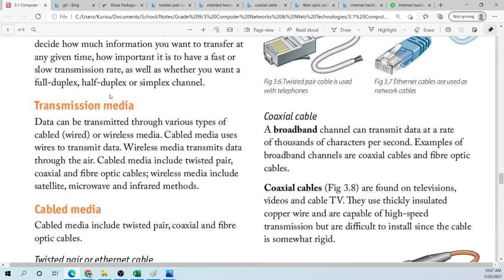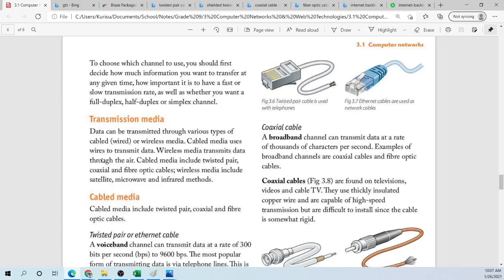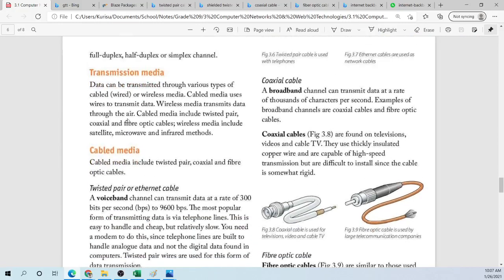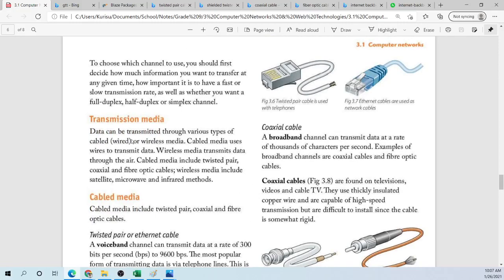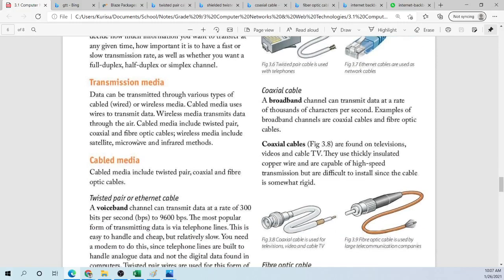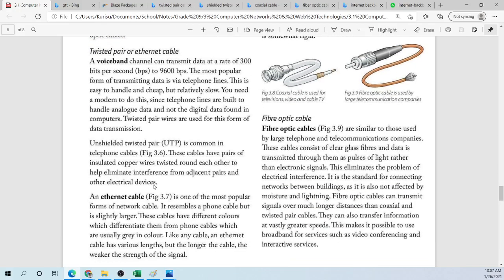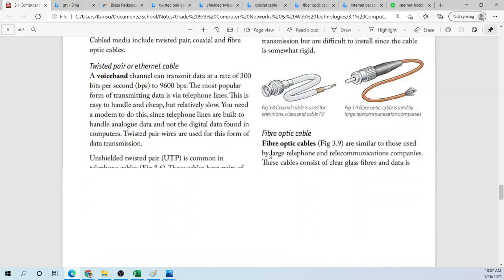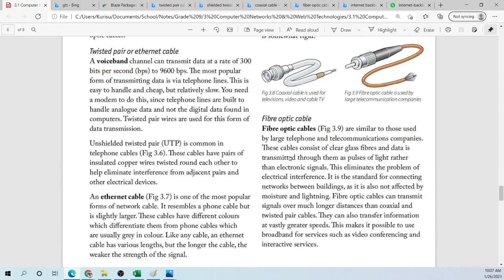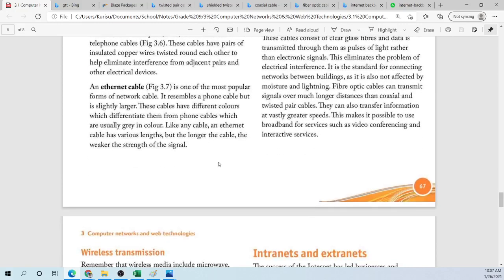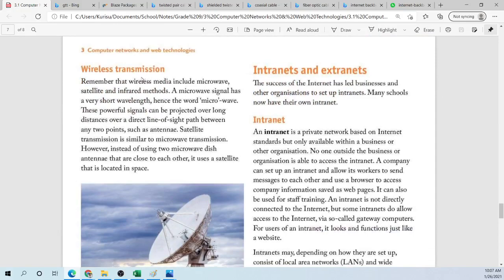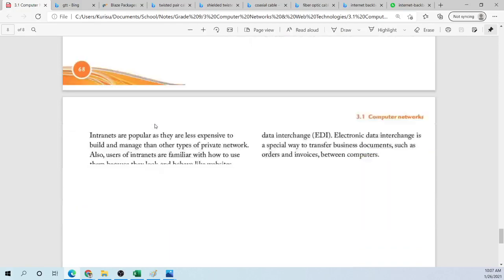Then we looked at the last characteristic we covered, which is the transmission media. Basically, what is used to transmit the data. Is it cables, which is wired, or is it wireless? For the cables, we looked at twisted pair, coaxial, and fiber optic. Next week, we're going to continue with the wireless part of the transmission media.